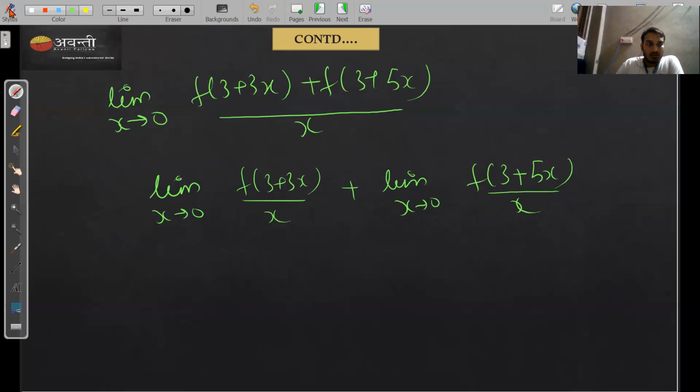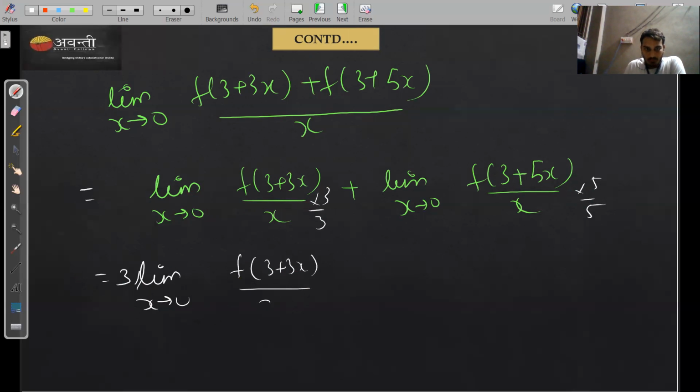Now I'm multiplying and dividing by 3 here, and multiplying and dividing by 5 there. So I get 3 times limit x tends to 0, f of 3 plus 3x upon 3x, plus 5 times limit f of 3 plus 5x by 5x. Yes or no?